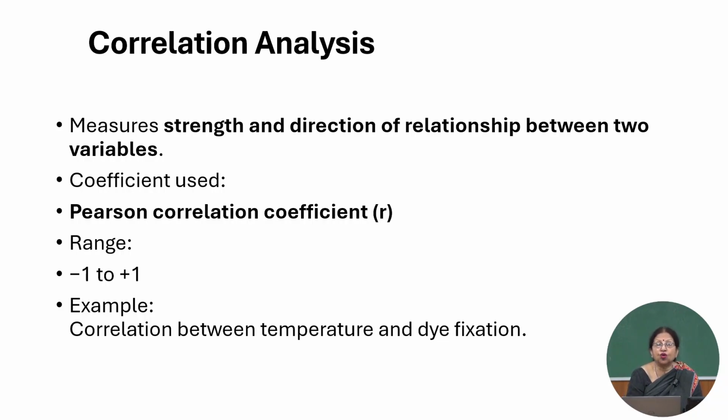That's not true all the time. Why? Because every surface has its own absorptivity. It is not totally dependent on the temperature variable. So temperature and dye fixation do not actually have a direct relationship.